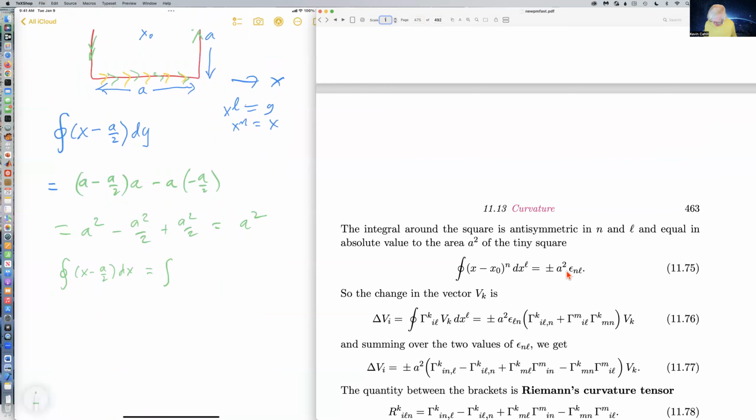So we're integrating this thing. That's an integral, let us say, from 0 to a of (x minus a over 2) dx. So that's the integral this way. And then we have to do the integral that way, so plus the integral from a to 0 of (x minus a over 2) dx.